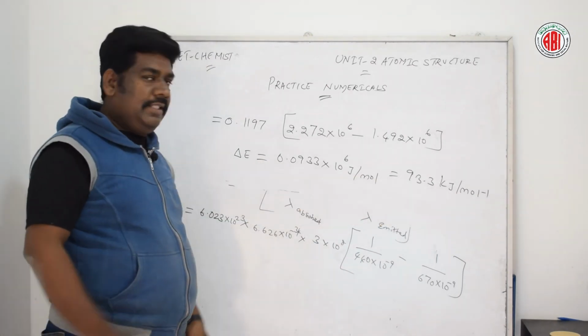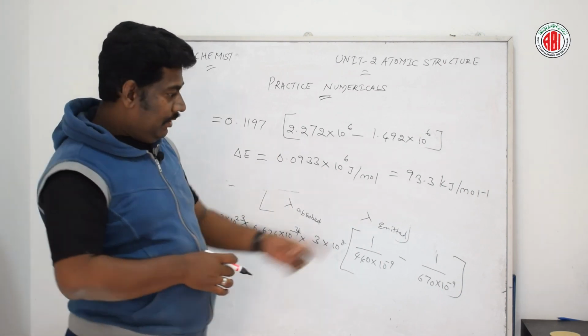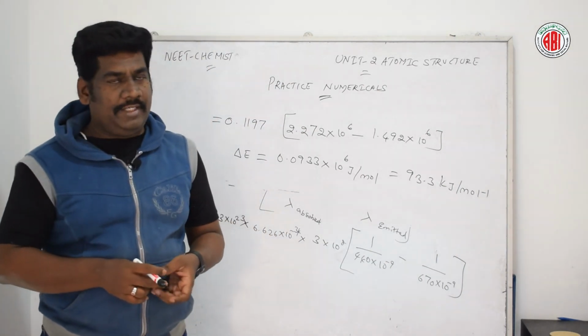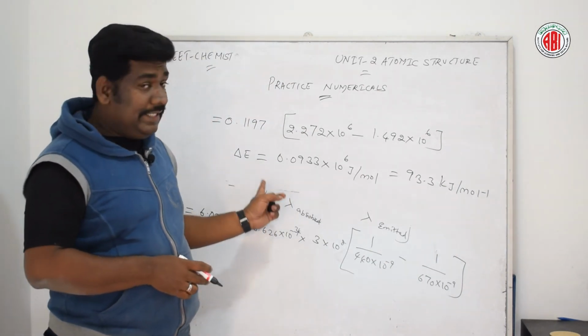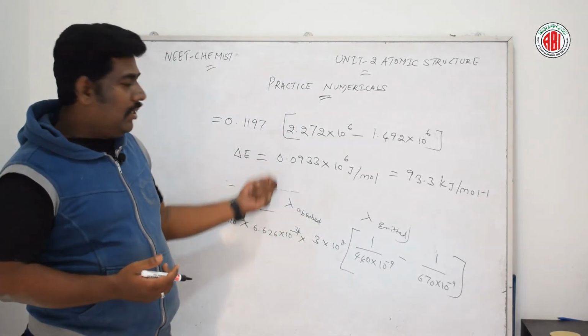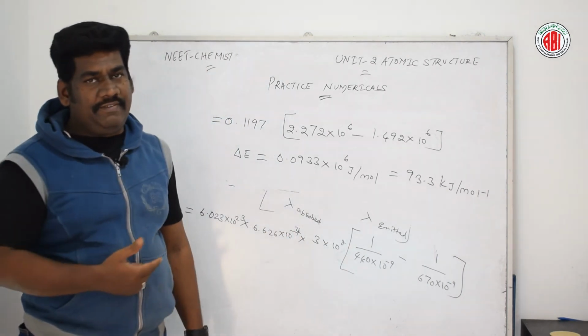Kilo means 3 digits, so 1, 2, 3 digits we move, and we get 93.3 kilojoule per mole. So this is the delta E value, the change in energy between the absorbed and the emitted energy during photosynthesis. By this way we can solve this problem.